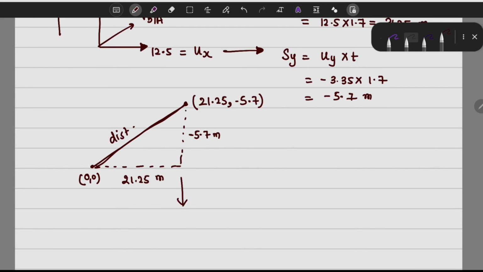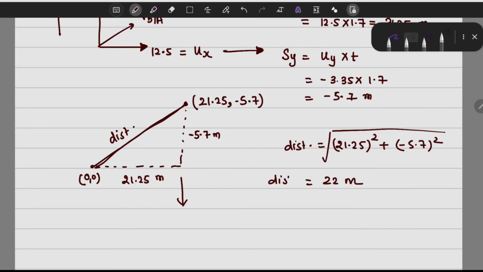Then this distance we can find as the square root of 21.25 squared plus minus 5.7 squared. If we calculate this, we get 22 meters.